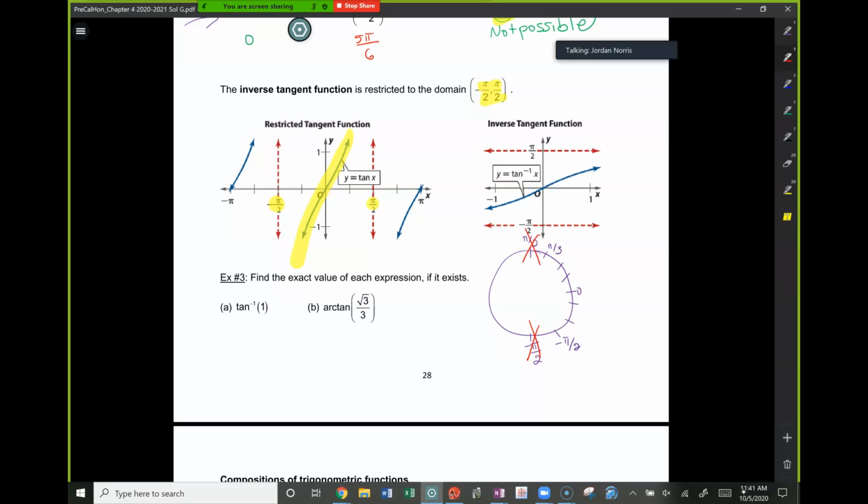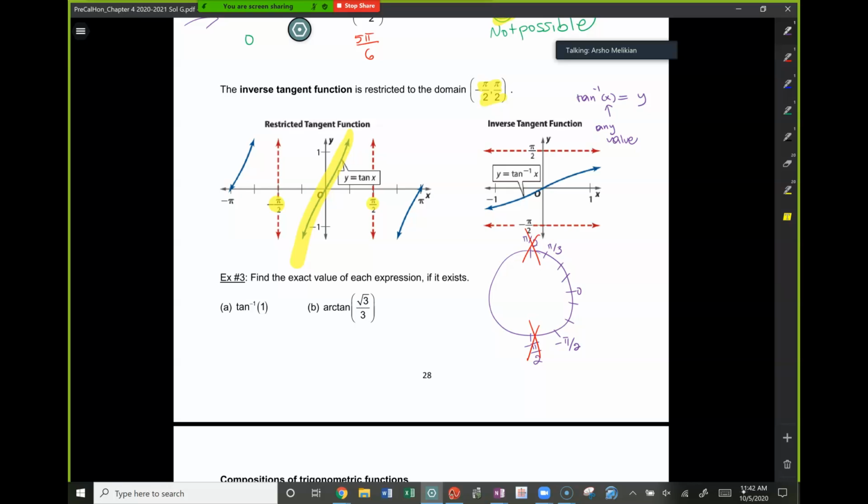But for the tangent only, if I have inverse tangent of x equals y, this can be any number. All right.